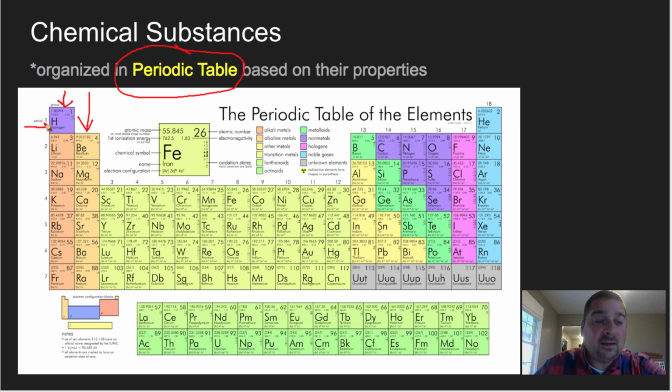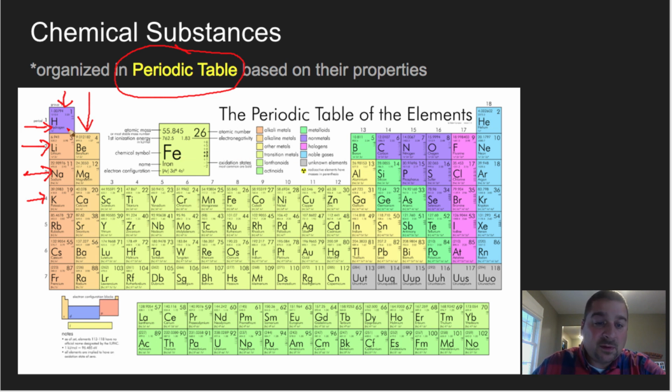Same thing here: these rows are called periods, hence the periodic table. And in each period, each row, you'll see general patterns. As you get into chemistry and study the periodic table more, you'll learn about the alkali metals, the alkaline metals, the transition metals, metalloids, halogens, the noble gases, all of those things, and there are certain properties depending on where you find it on here.